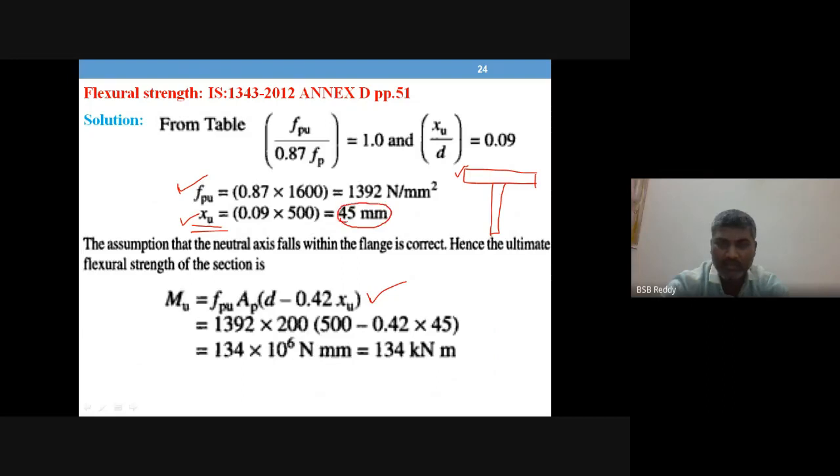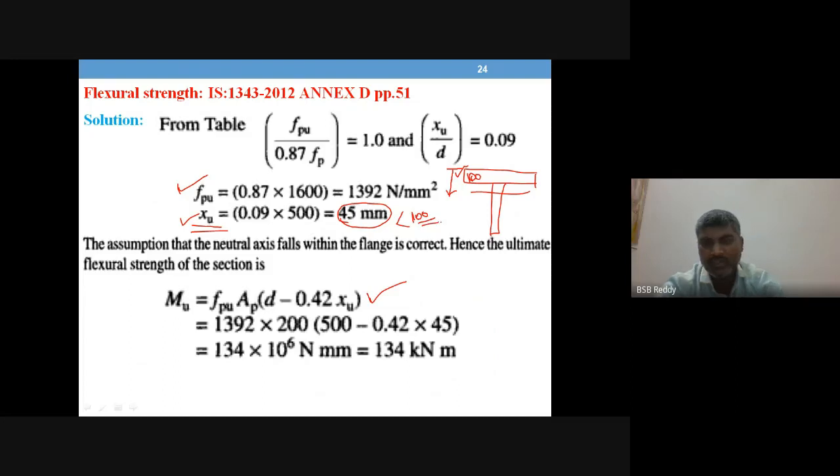The XU value will tell you whether the neutral axis falls in the flange or the web. For example, if the depth of the flange is 100 mm, any value beyond 100 gives you the neutral axis position in the web, and any value less than 100 means the neutral axis falls in the flange.